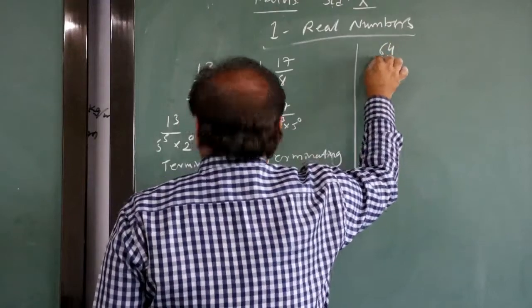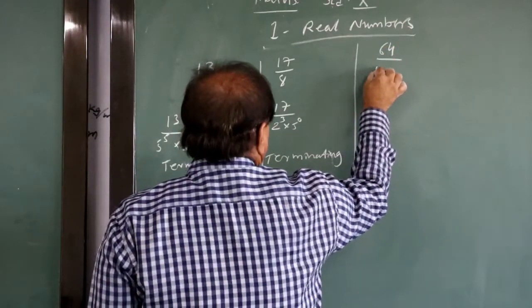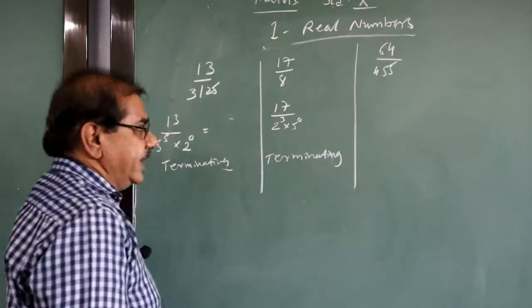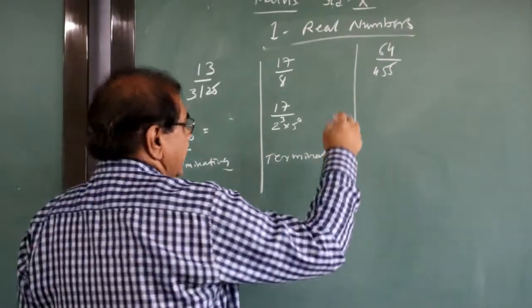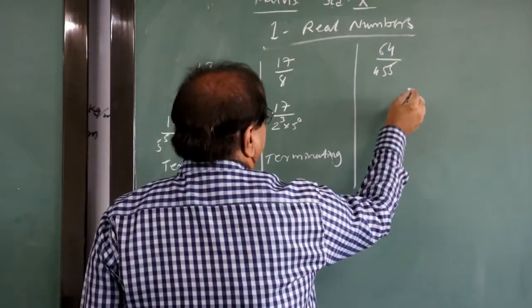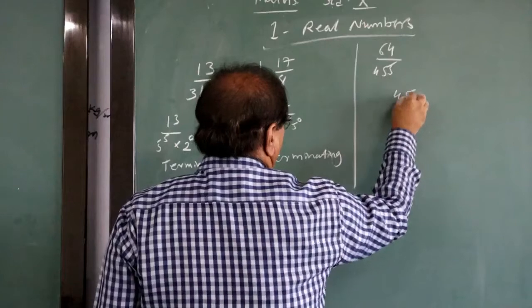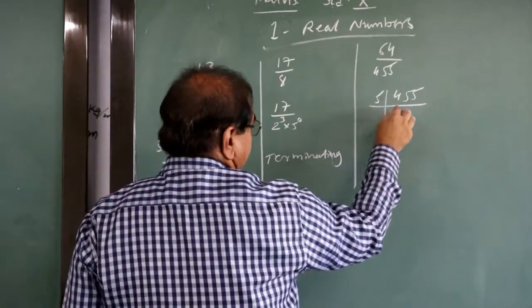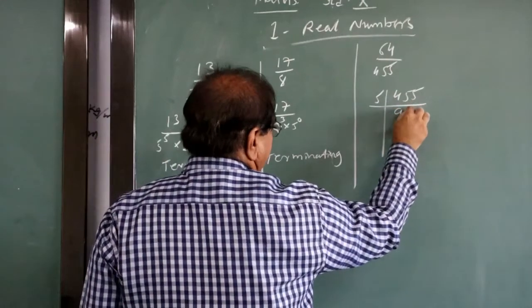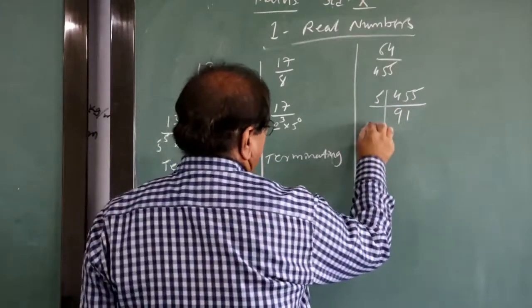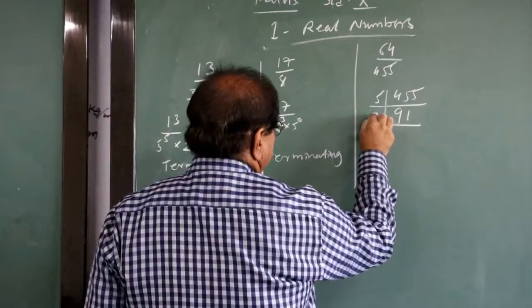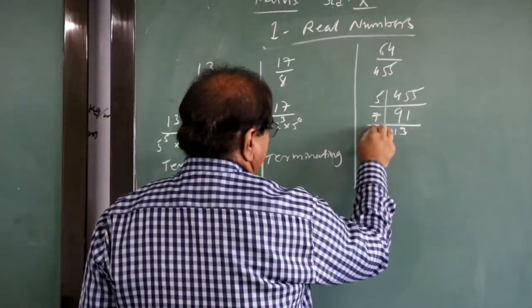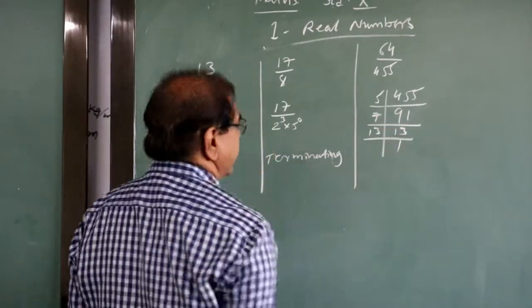64 upon 455. Okay? Now we check 455, factorize it. Factorization, I start with 5. So 9 5s are 45, 5 1s are 5. And we know 7 13s are 91, 13 1s are 13.